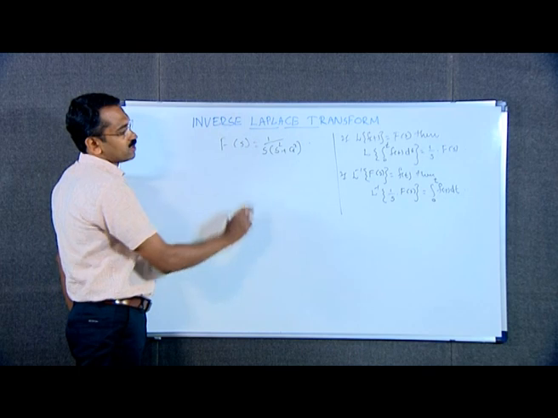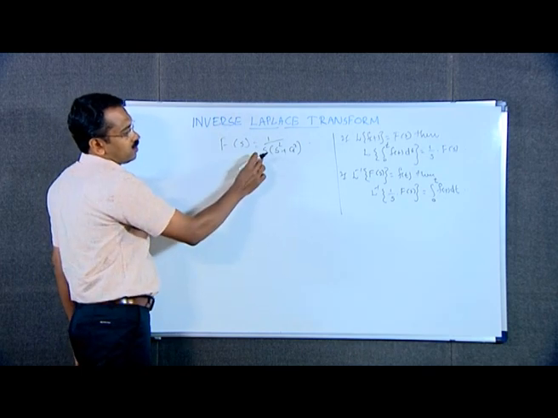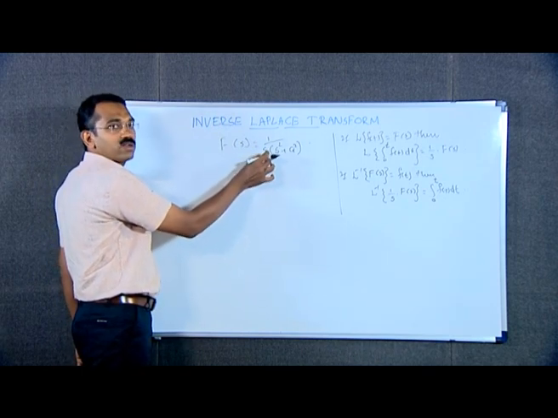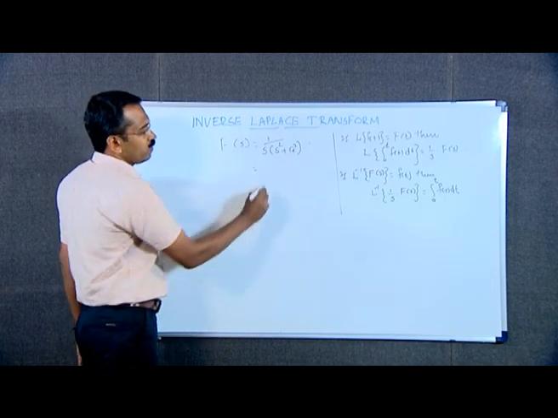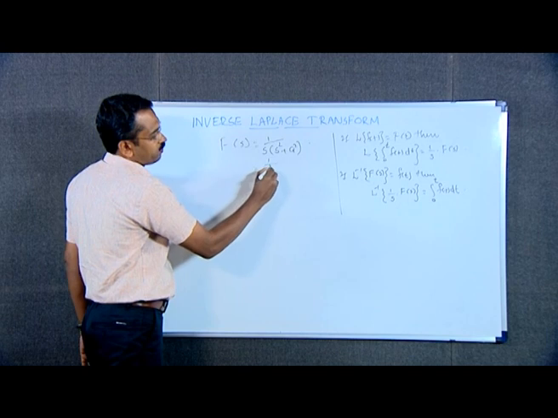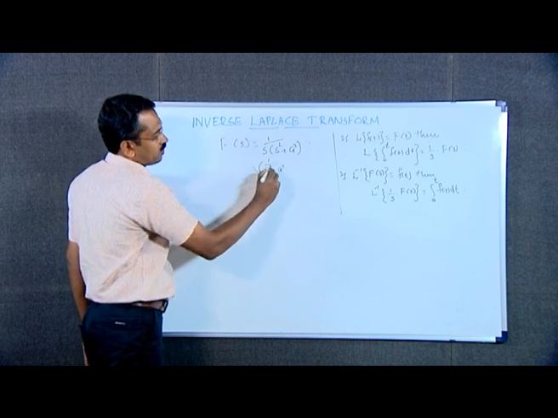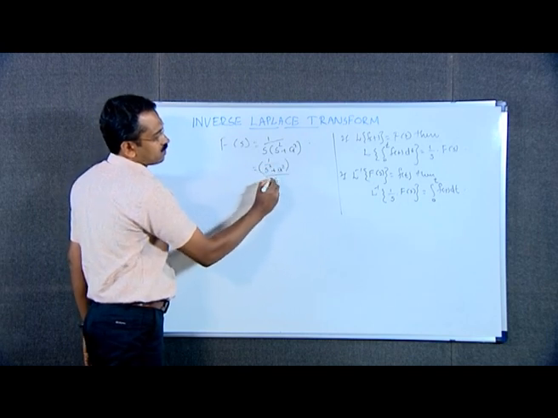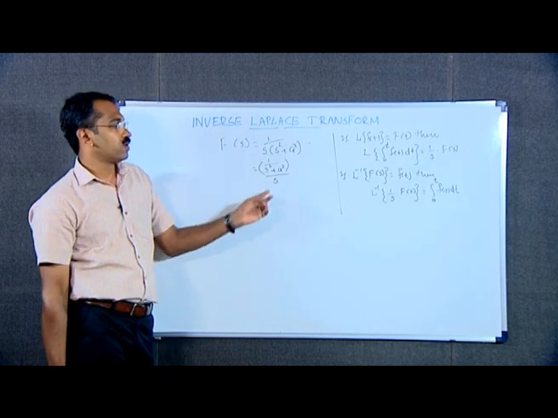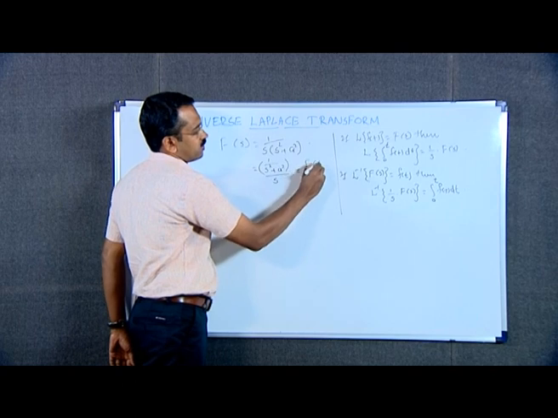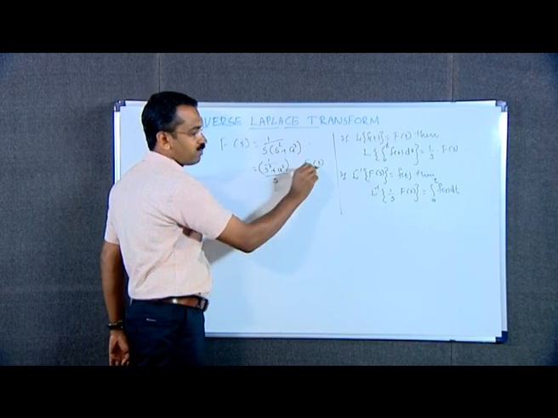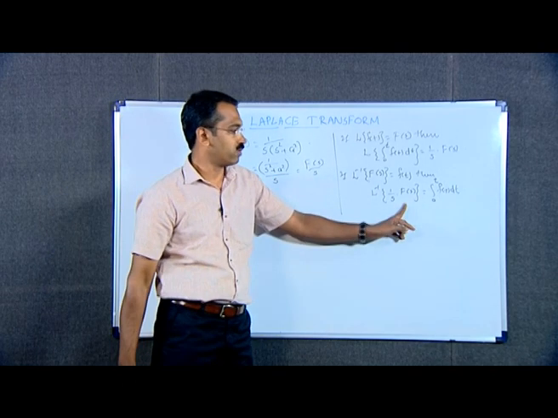Now, consider this function. Here we can rewrite this function as 1 divided by s square plus a square divided by s, which is of the form f of s divided by s, or 1 by s into f of s.